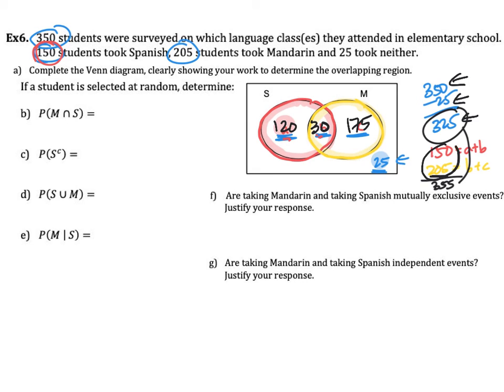My numbers 150 and 205 were too big. They were bigger than 325. That means I had 355 minus 325, an overlap of 30 students. So I put those 30 students in there, and then I figured out the rest with my system of equations. Go ahead and pause and answer questions B through G and see how you did.